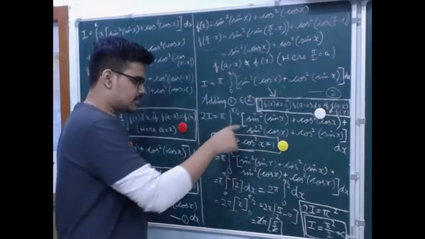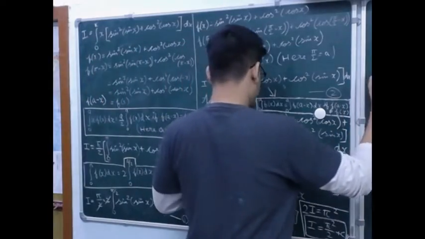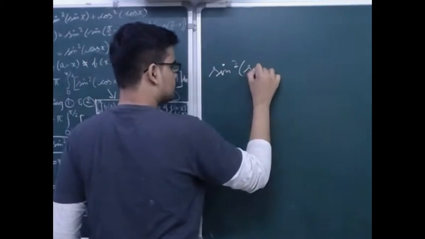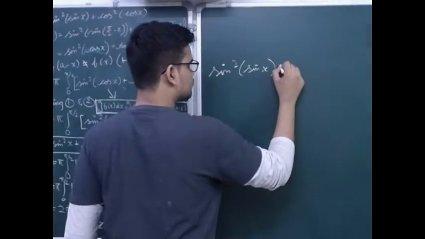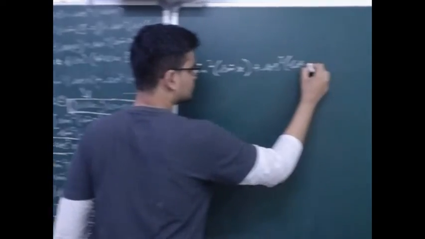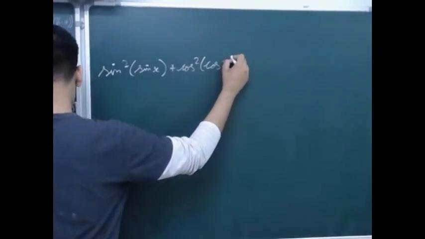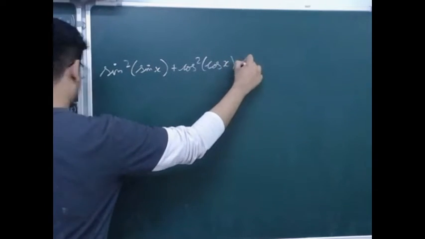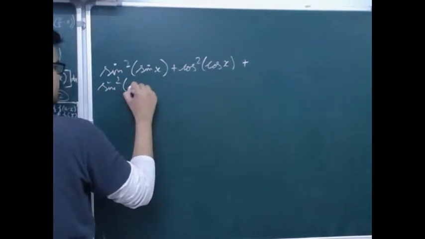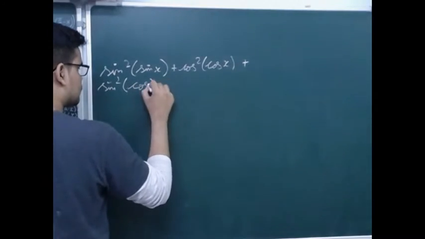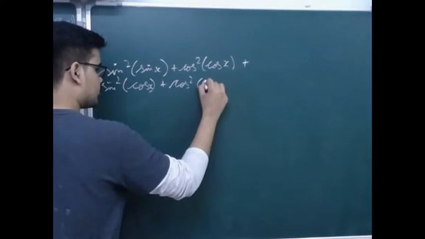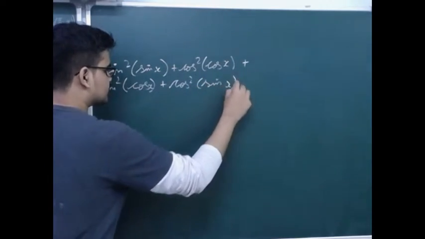Here, if we note carefully, we have sin square of sin x plus cos square of cos x plus sin square of cos x plus cos square of sin x.